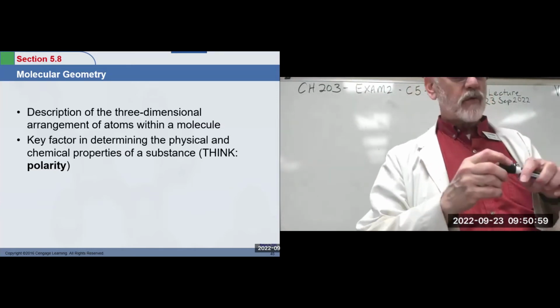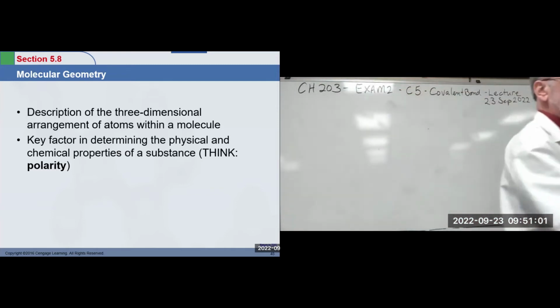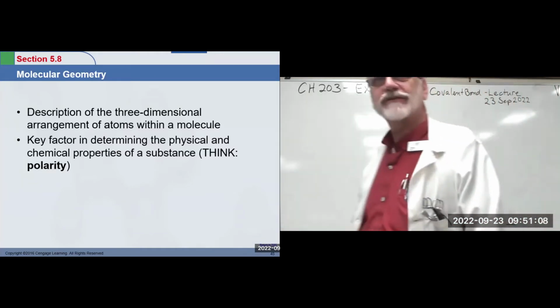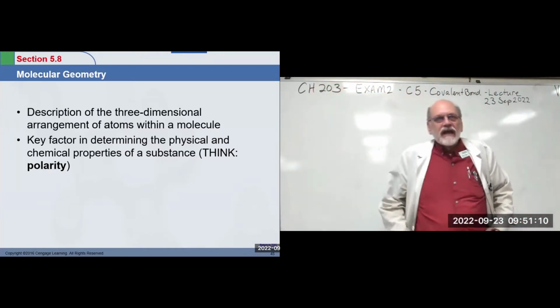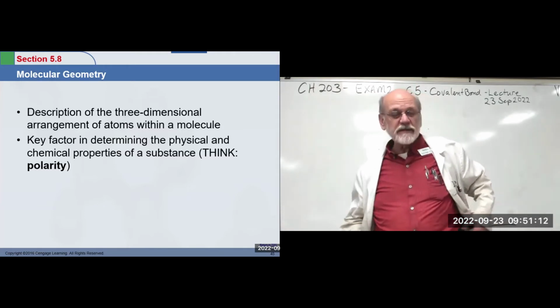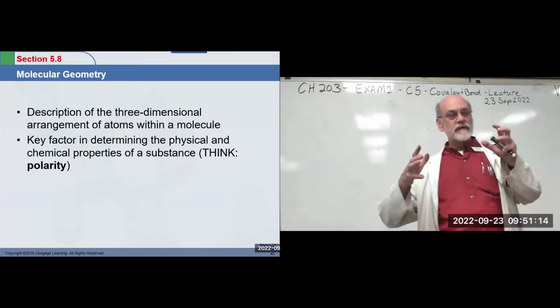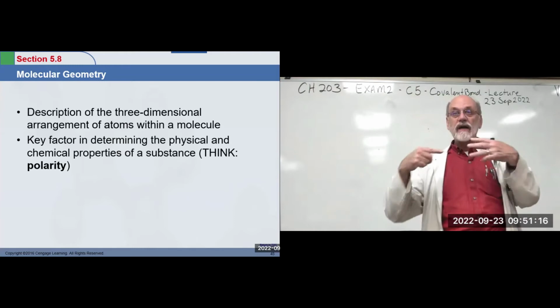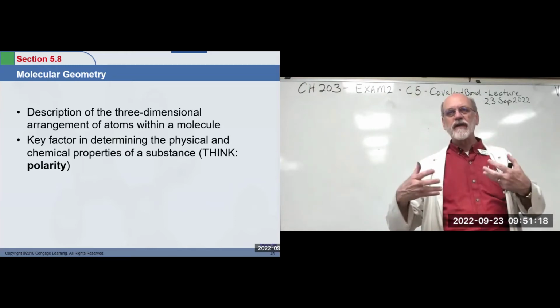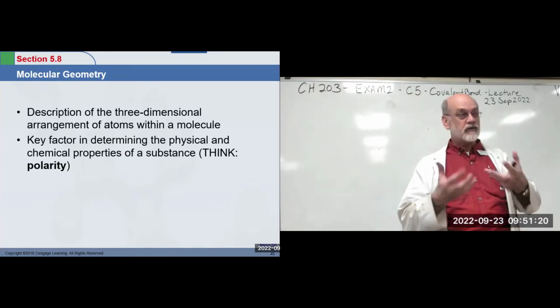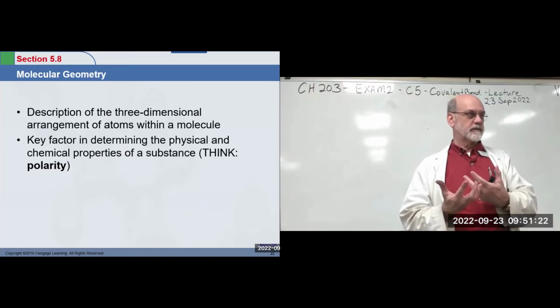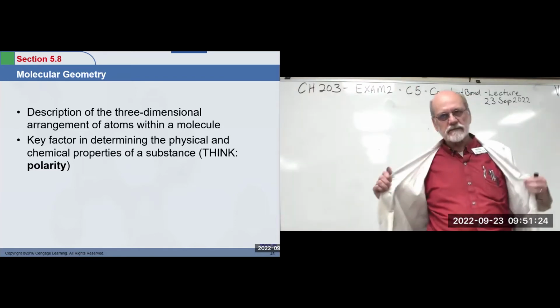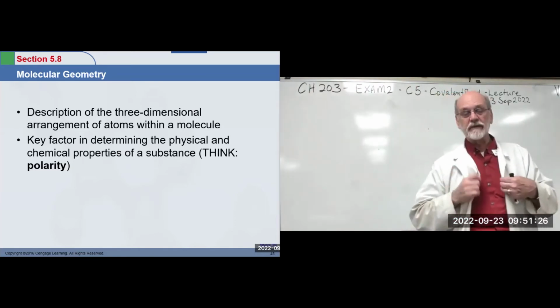So why would we want to know the geometry of a molecule? One thing is, if you know the geometry and you know the nature of the bonds, you can say something about the overall electron distribution in the molecule. That's as simple as I can put it.